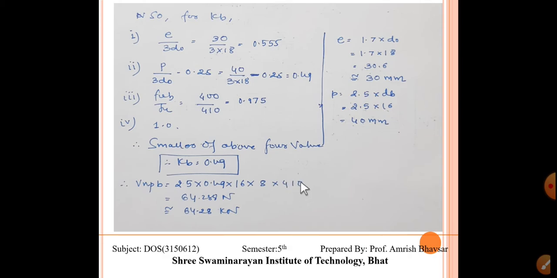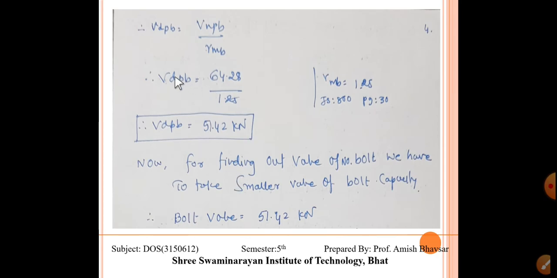Okay, but here we always consider 400. Now the value of Vnpb is equal to 60.28 kilonewton.